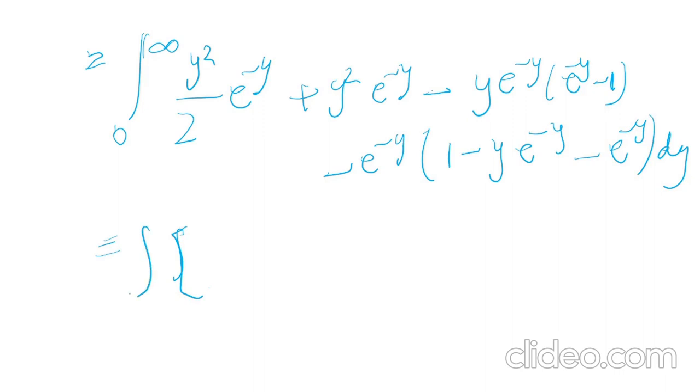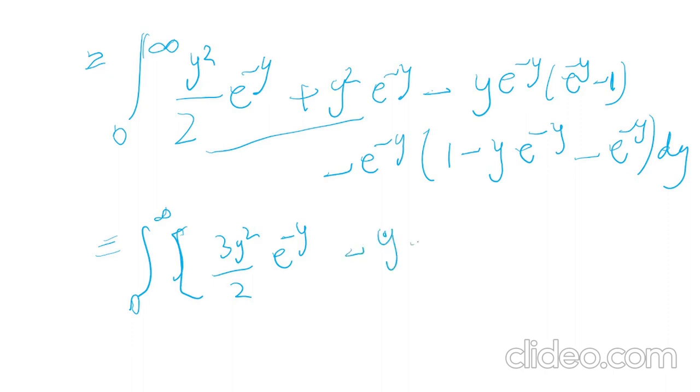Now firstly we will write it as 1 term. So it will be 3y square upon 2 e to the power minus y, this one and this one. Then y e to the power minus y, e to the power minus y, that one will cancel out.